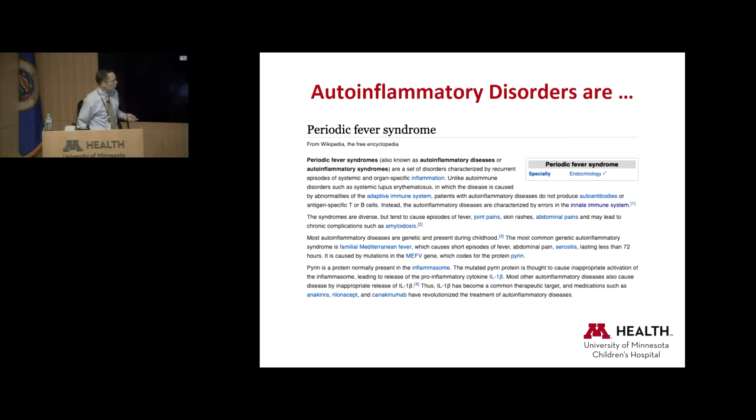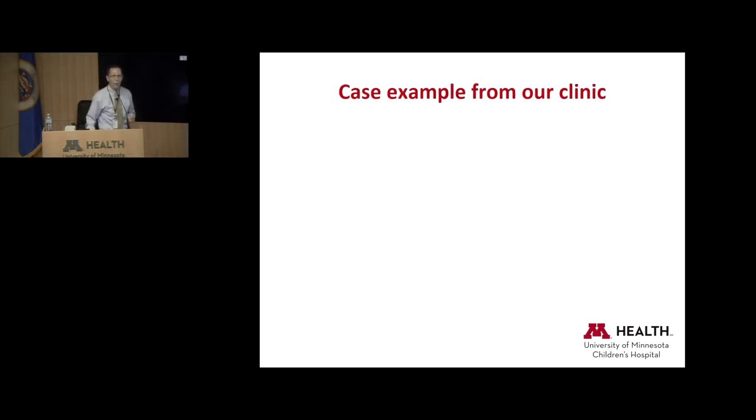So it is still true, though, that cytokines play a big role in this. You get a hypercytokine state, and we do have some inhibitors now that specifically target some of the major categories. So I'm going to want to start with a case example from our clinic.